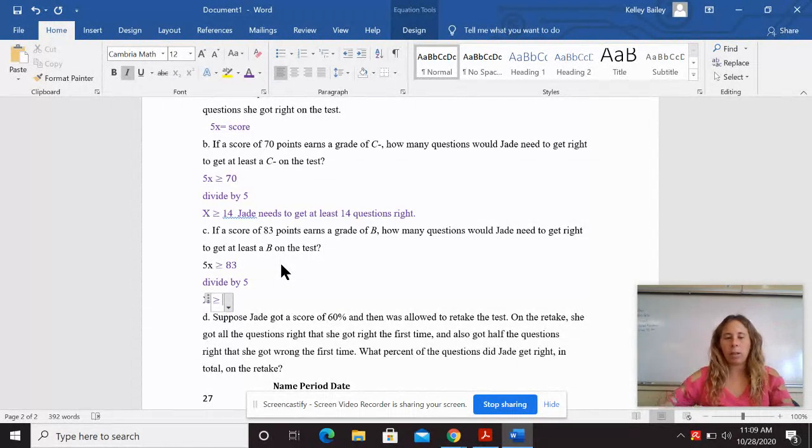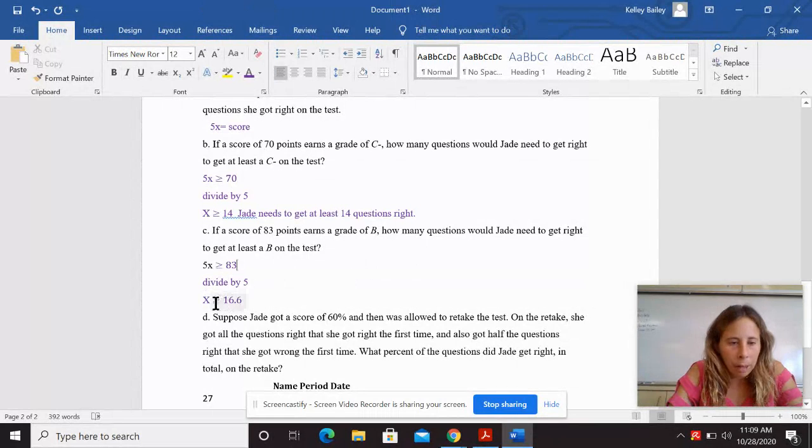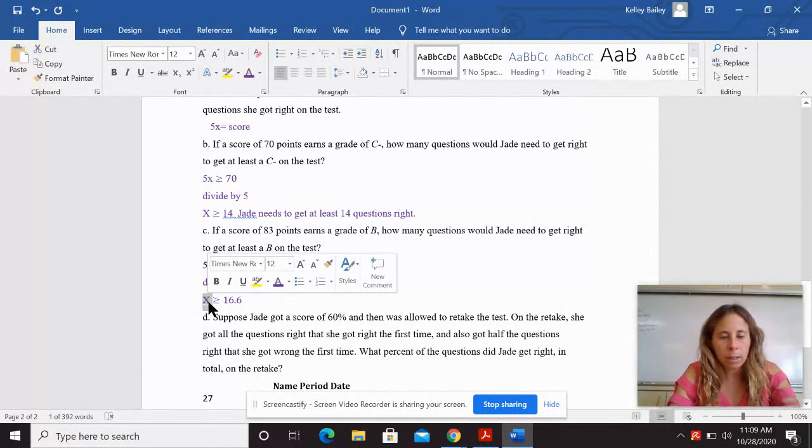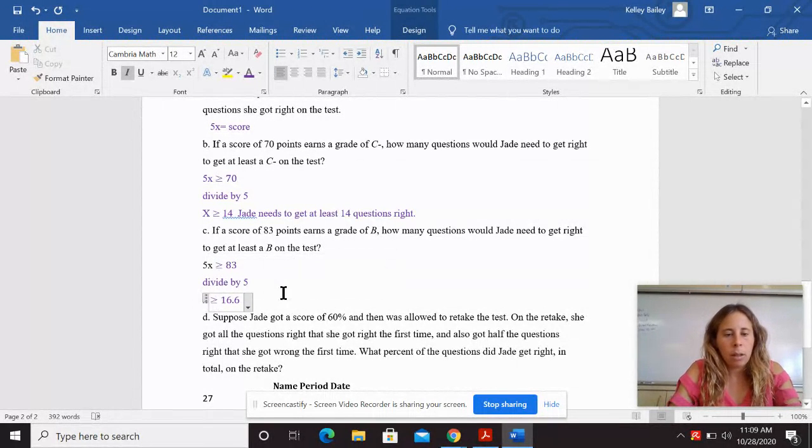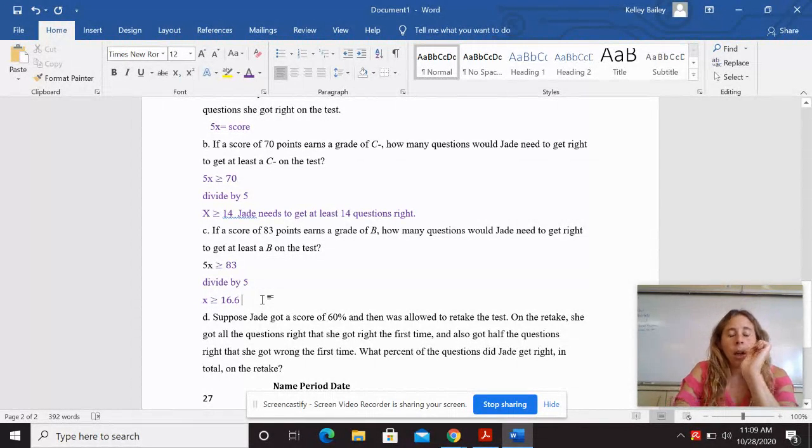What do you actually get though? 17 point something divided by 5. Oh no, 16.6. Okay, 83 divided by 5 is 16.6. So what does that mean? Does that mean if she gets 16 questions right, she earns an 83%?